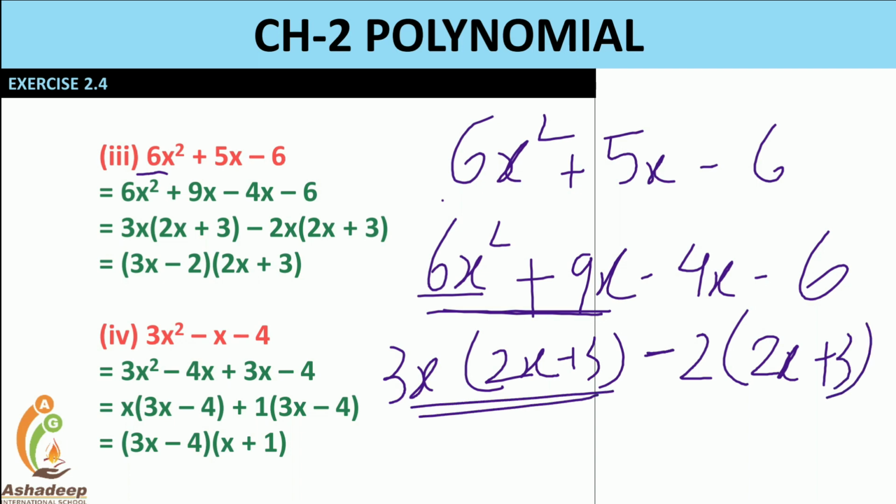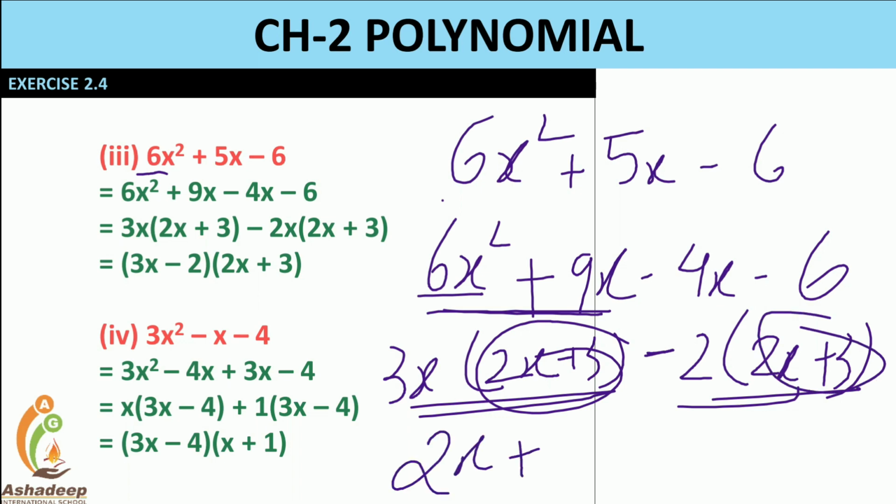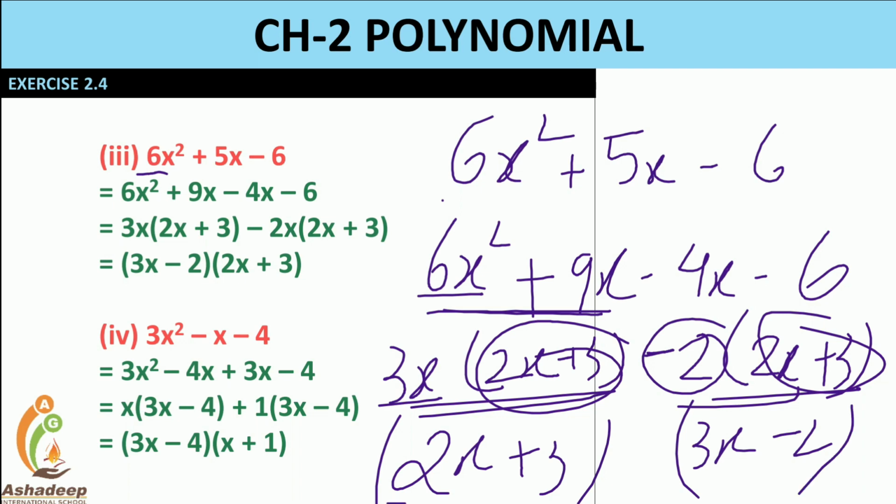Now out of these two terms, what is common? The common thing is 2x plus 3. What is remaining? 3x. What is remaining? Minus 2. So the answer is (2x plus 3)(3x minus 2).